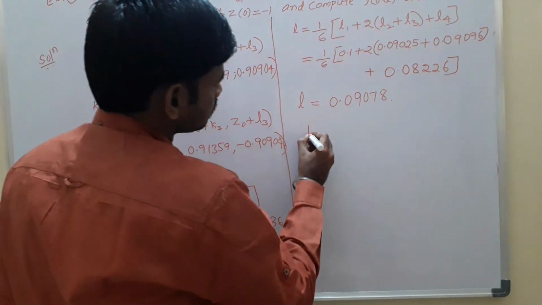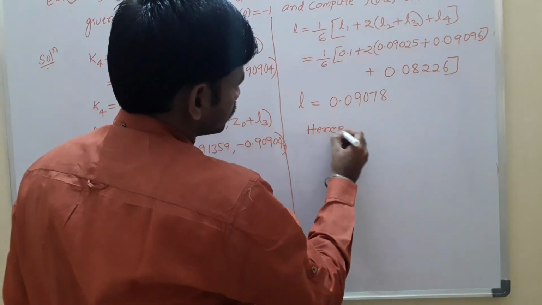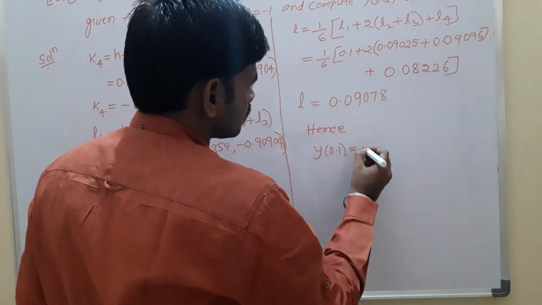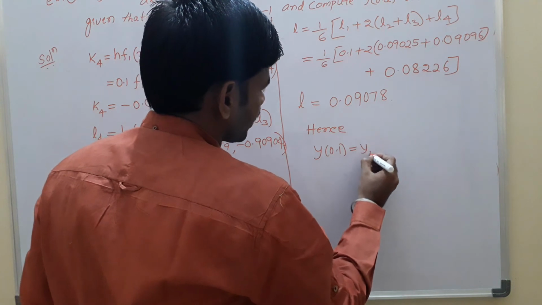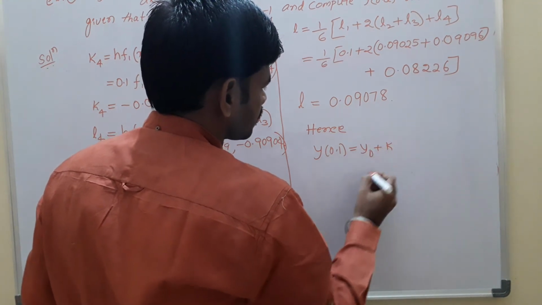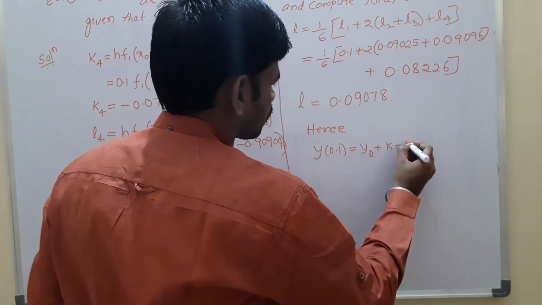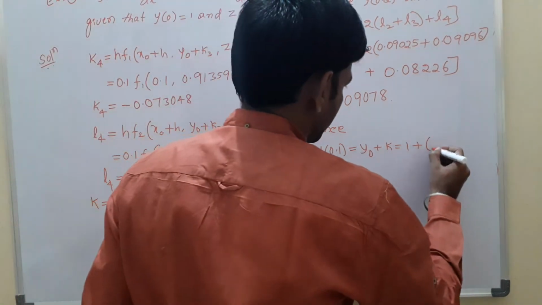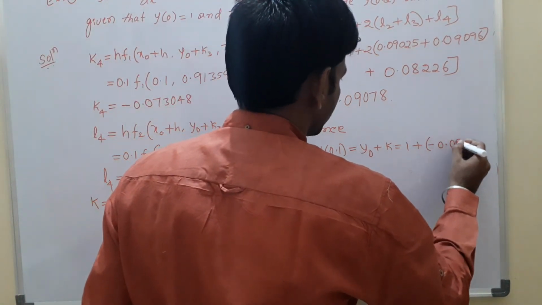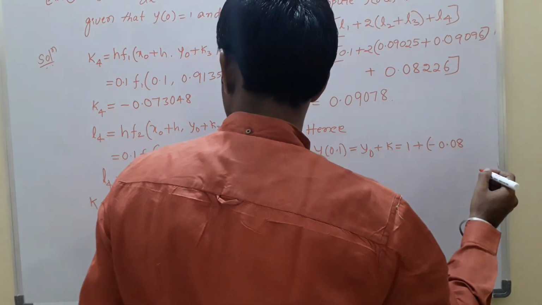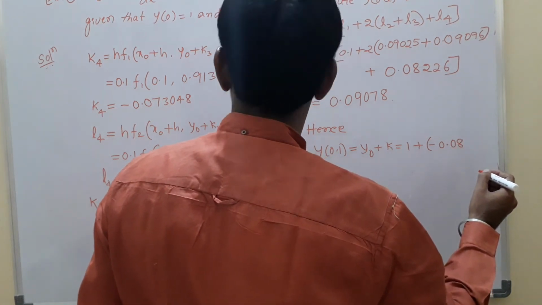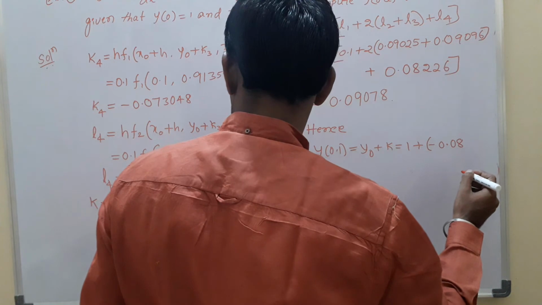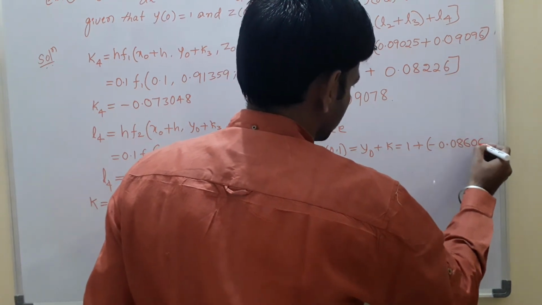Hence, y of 0.1 is equal to y naught plus k. So y naught is 1 plus k is minus 0.08, that is 0.08606.